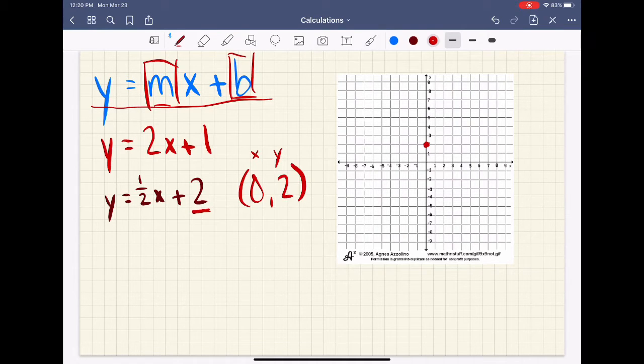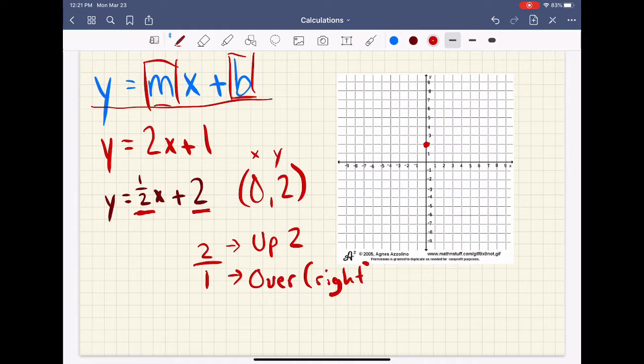And now we have a slope of 1/2. So if you remember, when it was 2 over 1, we went up 2, over to the right 1. Another way of expressing that is rise over run.